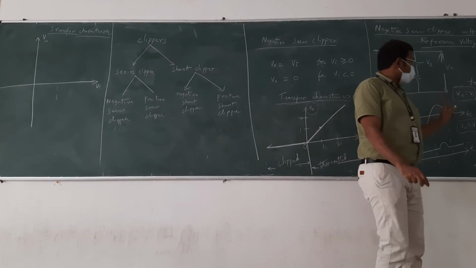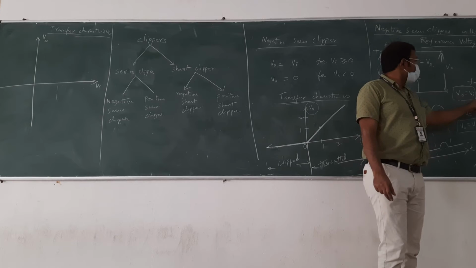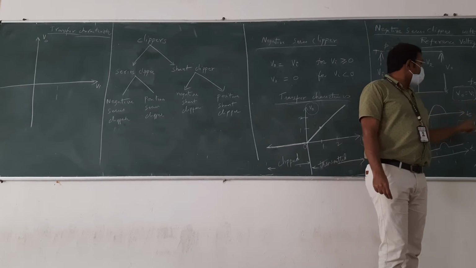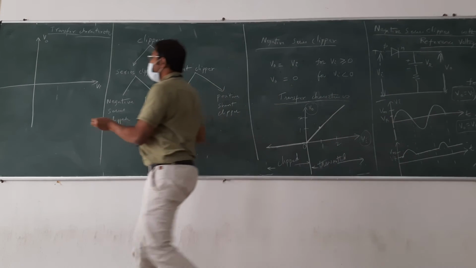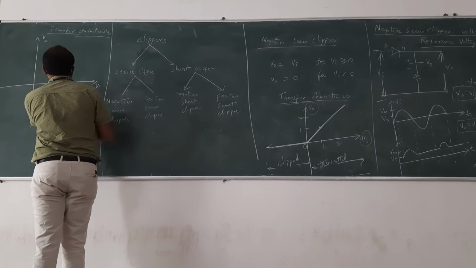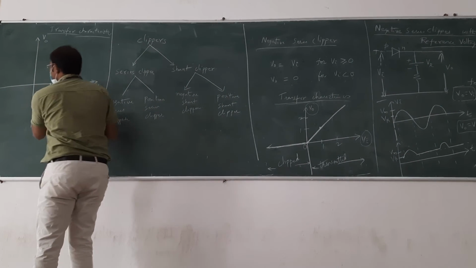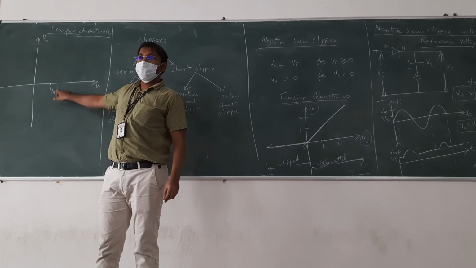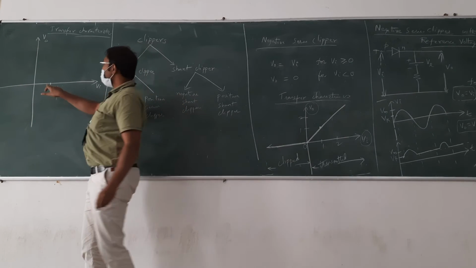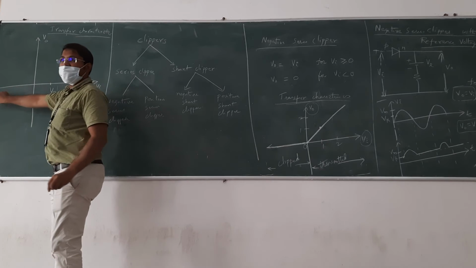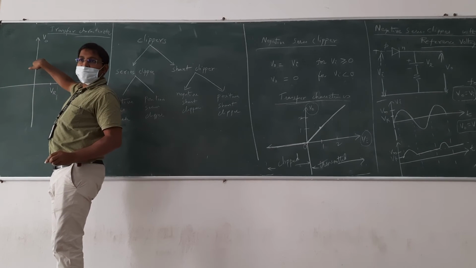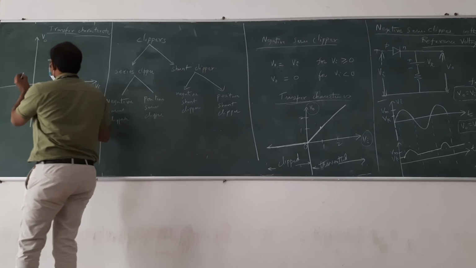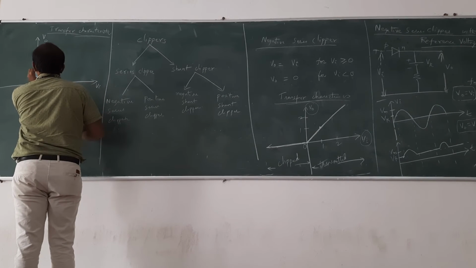See the equation, okay? As long as Vi is less than Vr, okay, let me plot Vr here. As long as Vi is less than Vr, output is constant, okay? And what is the value? Vr.